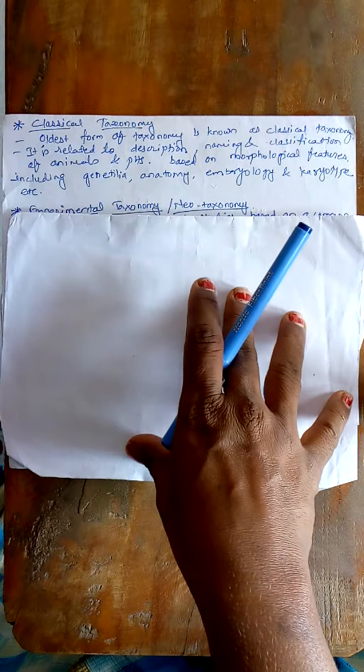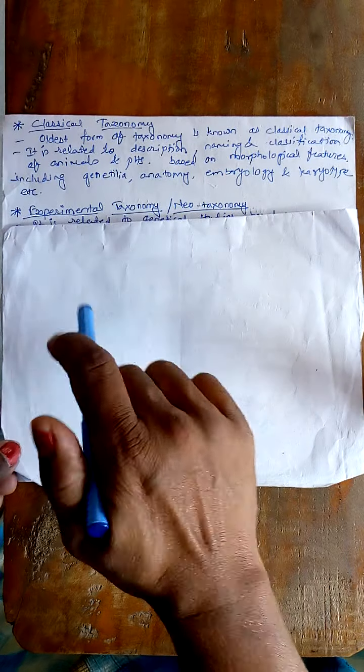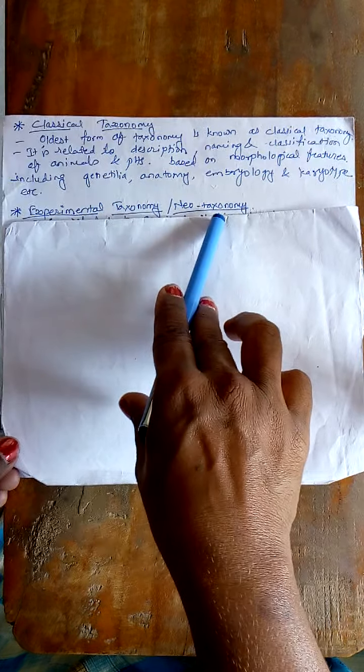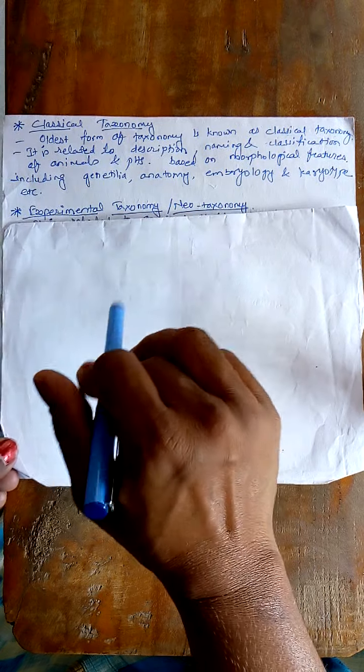Now the second type, we call it experimental taxonomy, also known as neo-taxonomy. We already discussed the other name also.